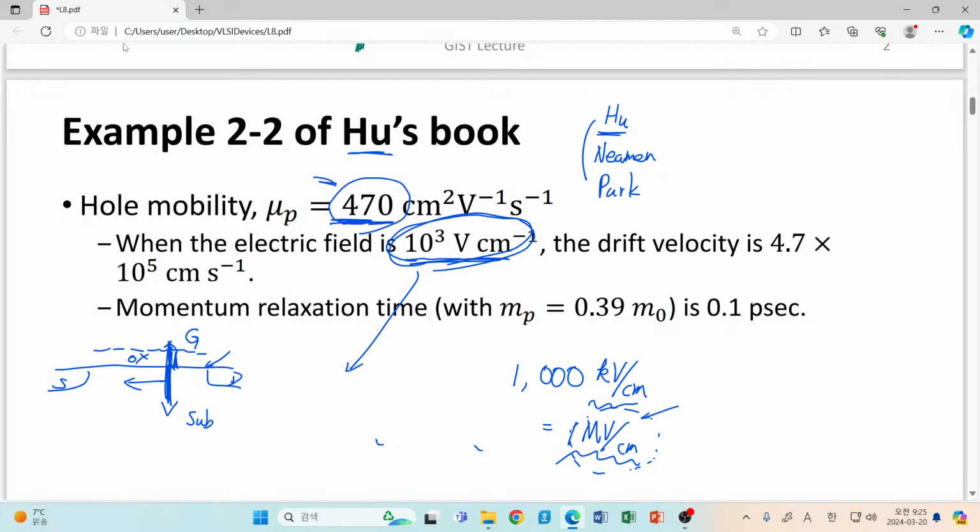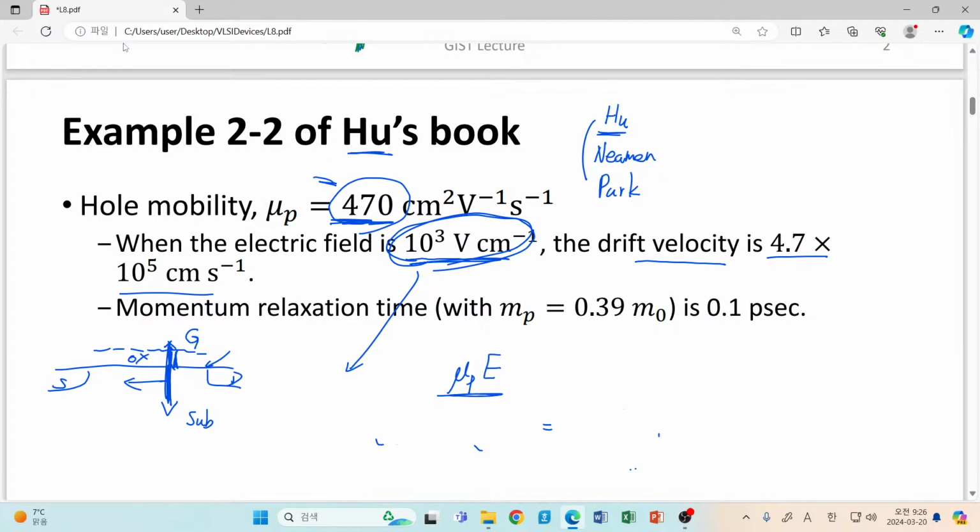It is just a meaningful value of our electric field. Then the drift velocity can be simply calculated. How can you calculate this number? Just evaluate the product between mu n and E. Sometimes you must do it by yourself, because unfortunately in semiconductor literature many times length scales are not in meter scale.